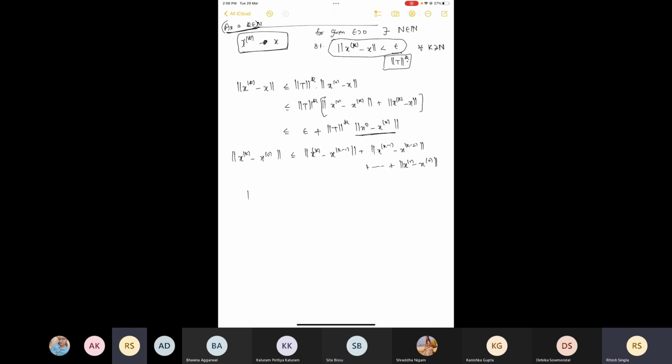You know that norm of xi minus x of I minus 1 is always less than or equal to norm T to the power I minus 1 times x1 minus x0, isn't it?